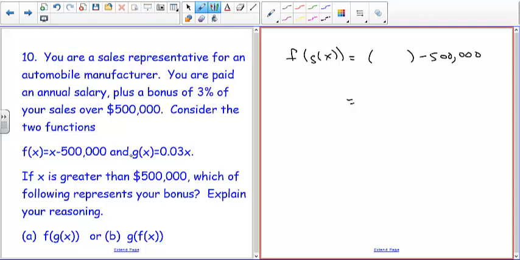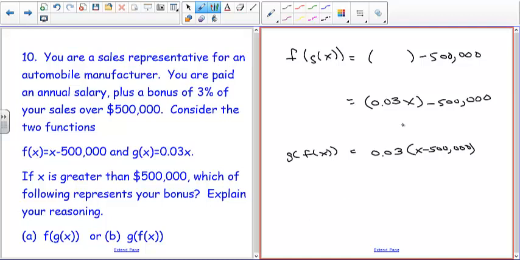That something is going to be 0.03 x, minus 500,000. So that's f of g of x. And let's do g of f of x. There, g of x is 0.03 times something. That something is going to be x minus 500,000.